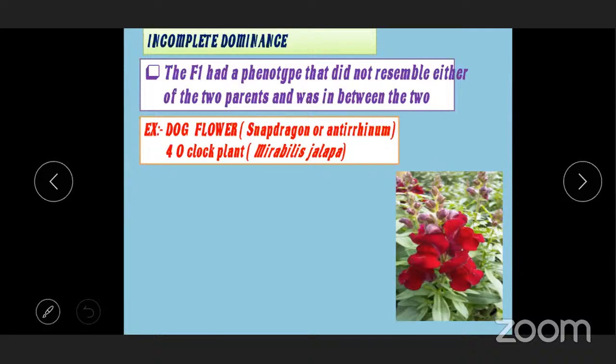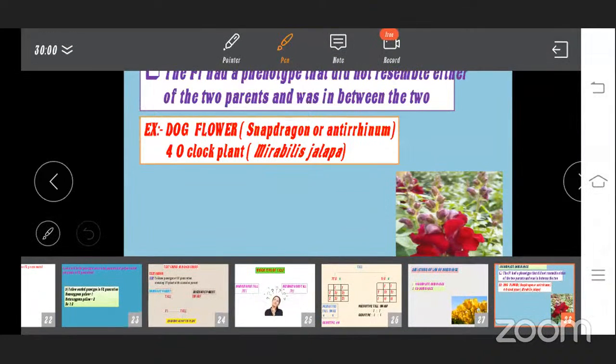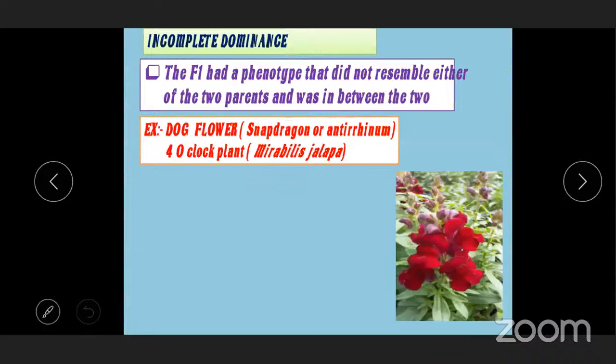The F1 had a phenotype that did not resemble either of the two parents and was in between the two. First of all, let us discuss what the law of dominance is. Law of dominance means any one parental character is expressed in the next generation.